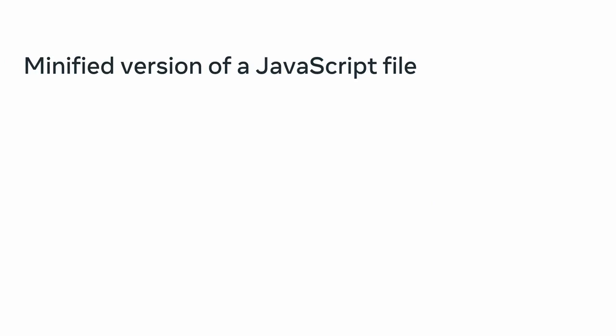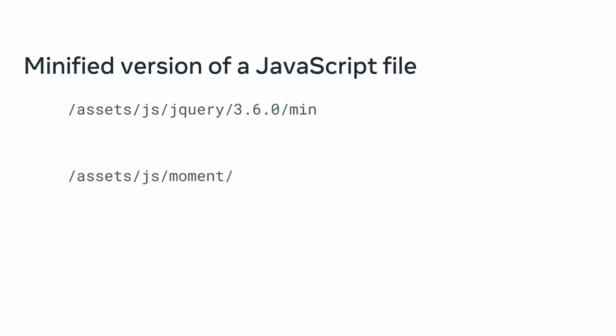Similarly, to deliver a minified version or source version of a JavaScript file, you use API endpoints like /assets/JS/jQuery/3.6.0/min or /assets/JS/moment/2.29.4/original. But what if you need to filter a collection or perform a search?